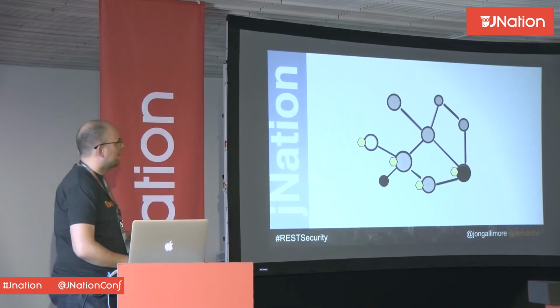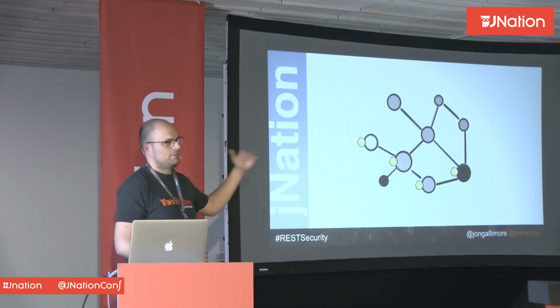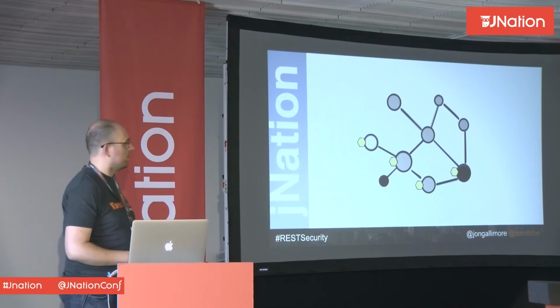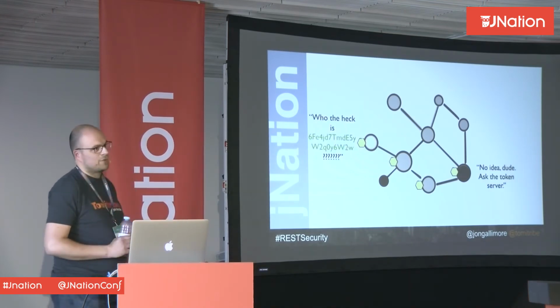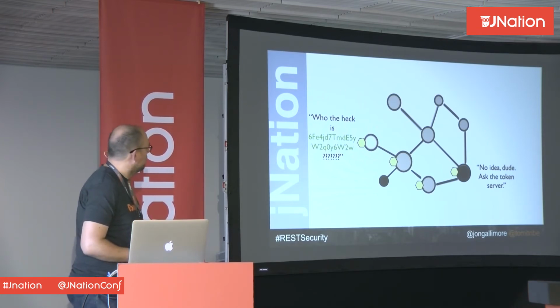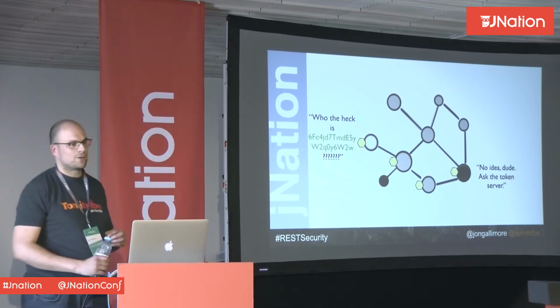Okay, if we then start actually propagating the authorization header through to the services on the back end, we end up with a slightly different problem. So we're going to pass the token through to our back-end services. It's going to say, who the heck is this? I've no idea. Go and ask the token server.